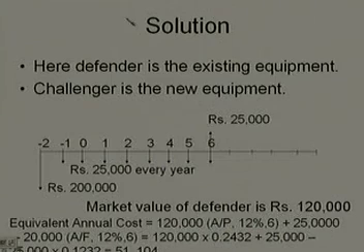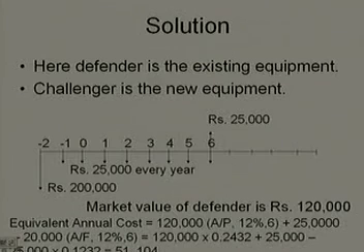So, I have drawn the cash flow diagram for you. You can just cross check it. It is shown in the slide. Here Defender is the existing equipment and Challenger is the new equipment. For Defender, you purchased it for 200,000 2 years ago.